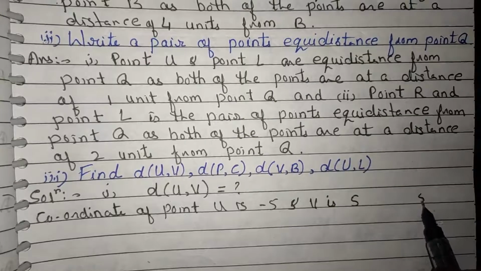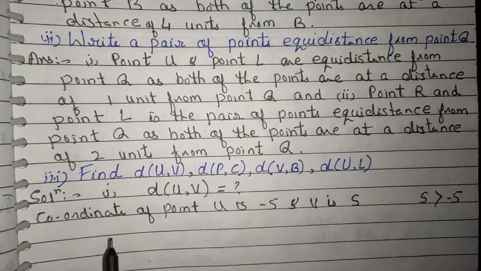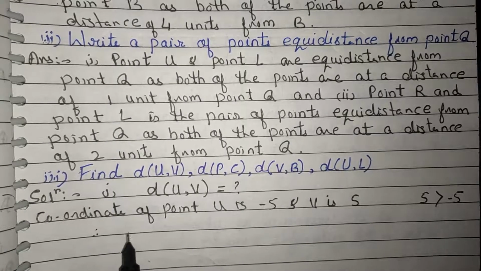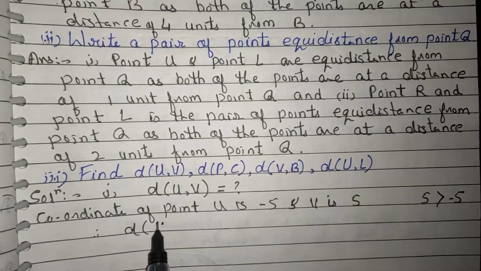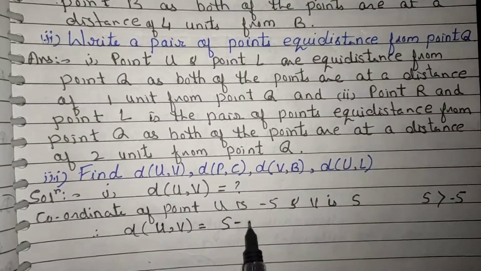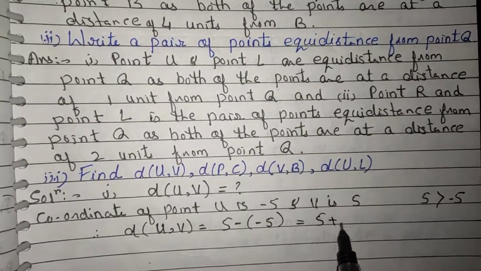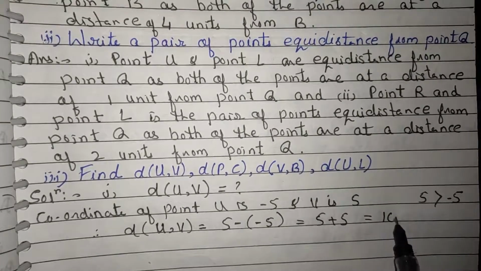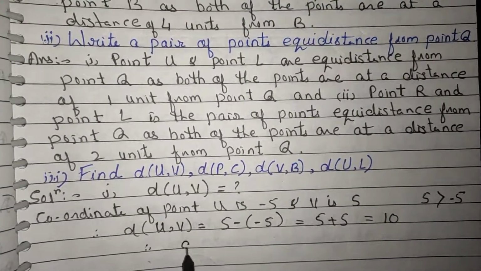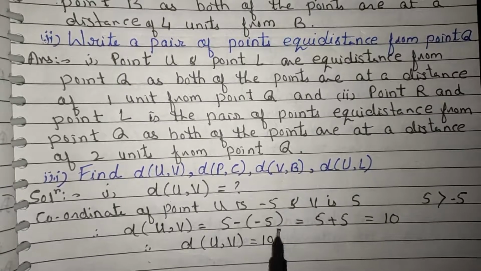Now here 5 is greater than -5. Therefore, distance between points UV is equal to 5 minus of -5, which is equal to 5 plus 5, which is equal to 10.